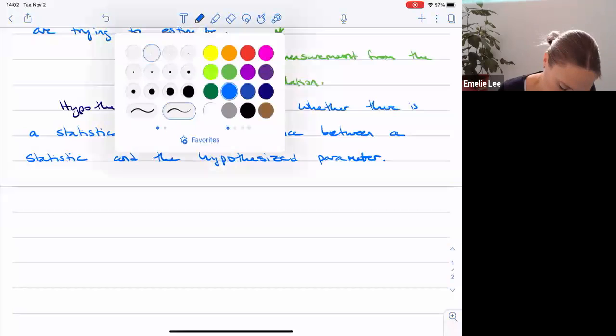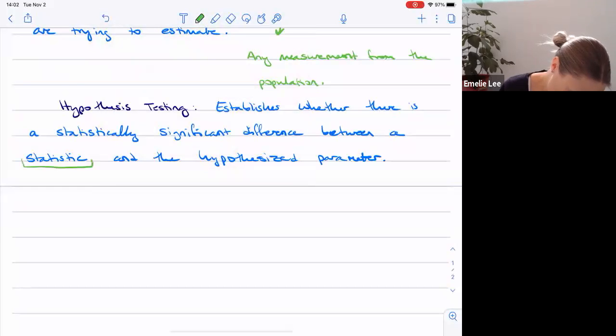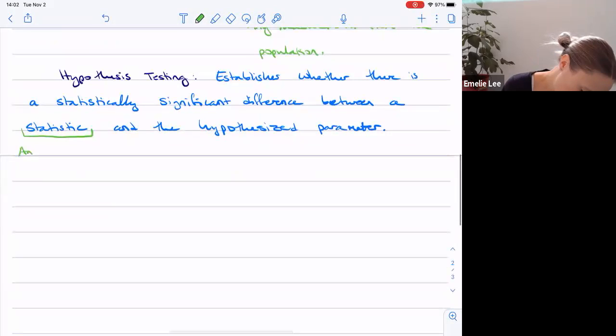And of course, a statistic is any measurement from the sample.